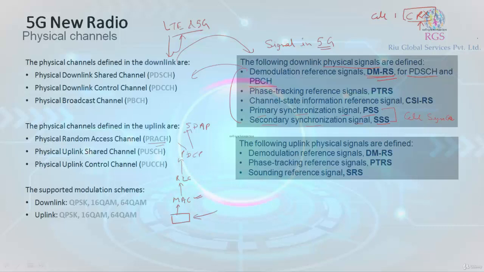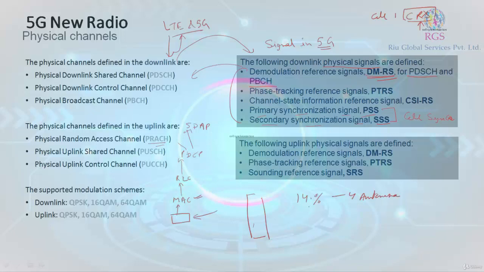Now, let me tell you the difference. The cell reference signal will be present throughout the bandwidth, and it can have overheads up to 14% in case of 4 antennas.